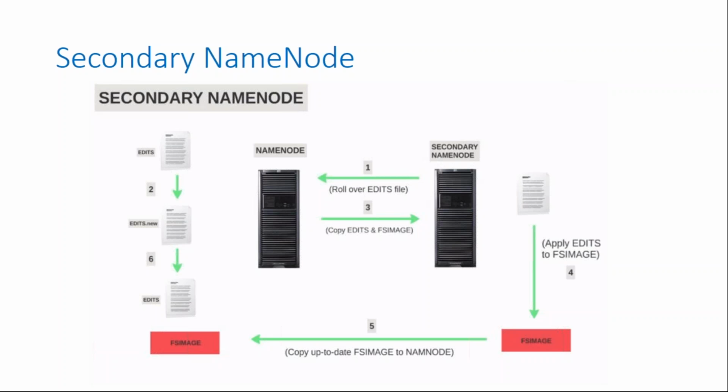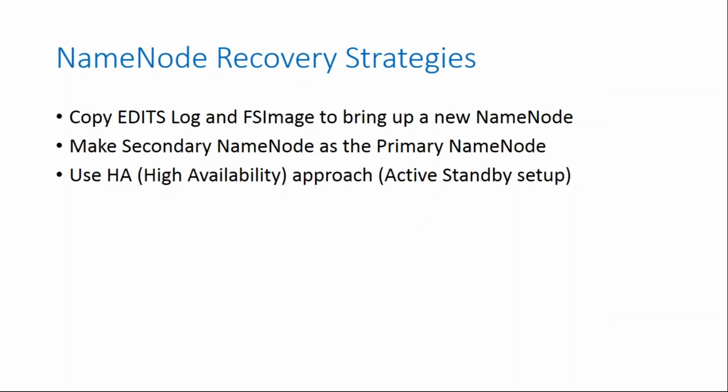Someone needs to get the data out of the name node, create a new node, and change the DNS or the IP address in the settings file, so that every data node and incoming request is directed to this new node. So it needs manual intervention, copying and putting everything back into the new node. So there is downtime with this.